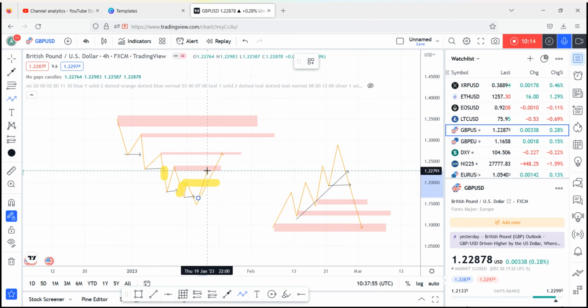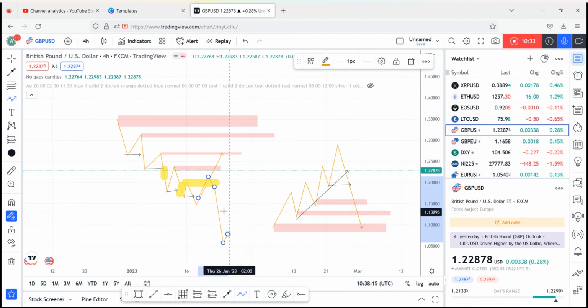Market does not mitigate this demand zone, goes to the upside, sweeps the liquidity. Candle closes below this induce liquidity or inducement and goes to the downside. And in the next video, I will explain how you can take entries when market makes a sweep of the liquidity or something like this, right?